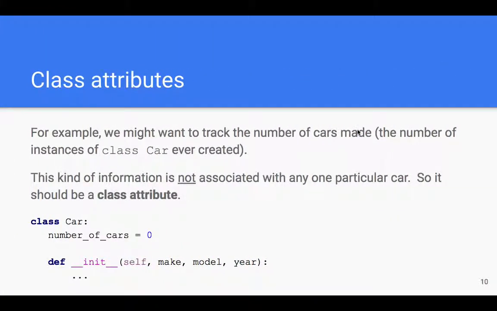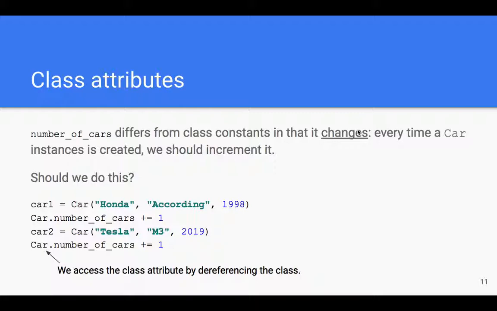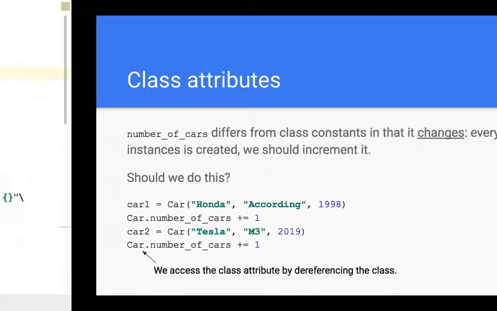Okay. Now, where then should we update it? When you think about the information that this variable tracks, we should increment it by 1 every time a car instance is created, right?